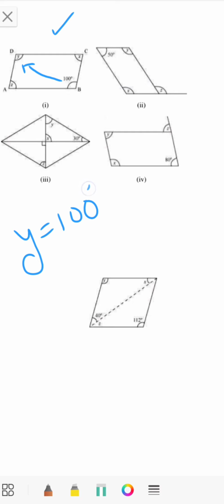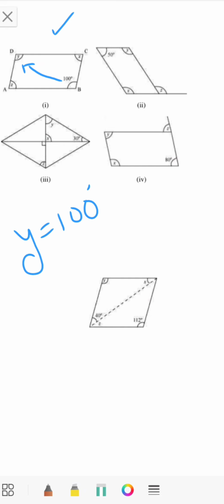So first you will try to find all the unknown angles with the help of the properties, and if you are still not getting them, then you will go with linear pair or vertically opposite angles and the remaining properties. But first of all you will try to apply the properties. Okay, y is equal to 100 degrees. Now how can you say that this is 100 degrees?